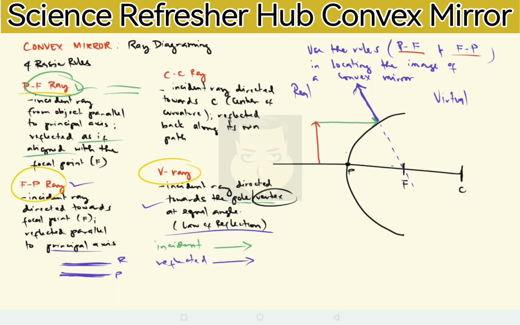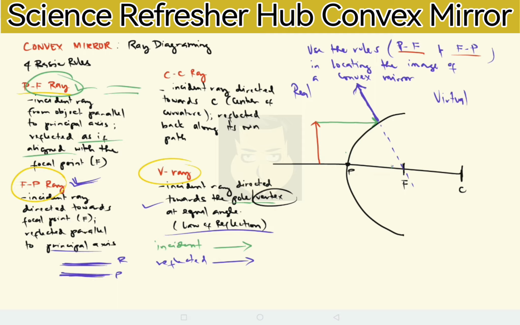Now in FP, same as what we did a while ago, the incident ray goes directly towards the F, and then is reflected parallel to the principal axis. Okay, then how to do it?